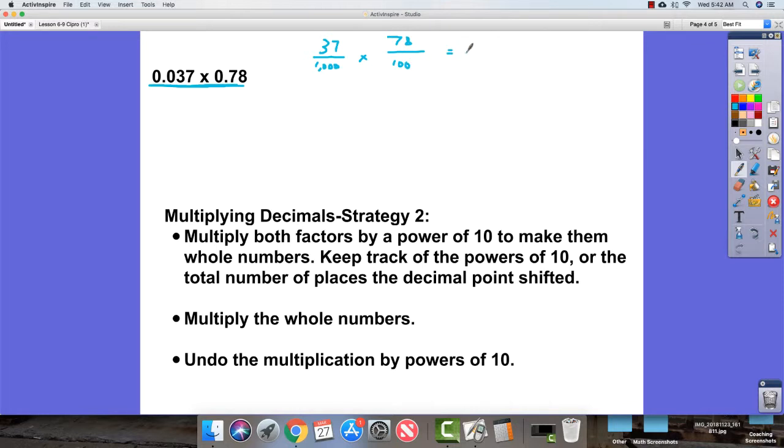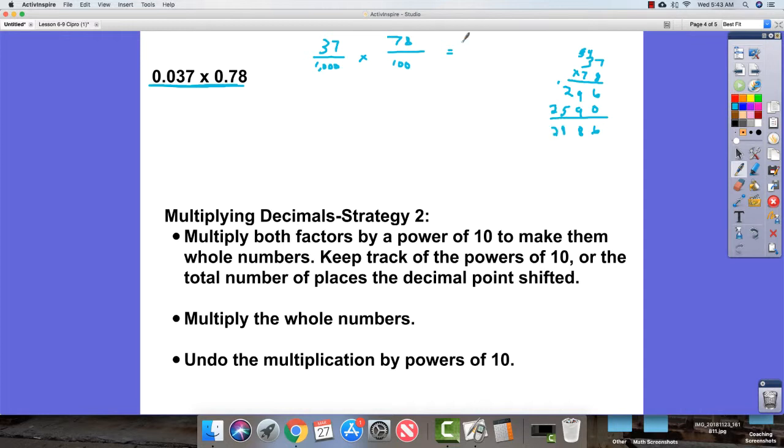and that would equal, well, I would do 37 times 78, so I could do 37 times 78 over here. 7 times 8 is 56, regroup my 5. 8 times 3 is 24, plus 5 is 29. Pen to 0. 7 times 7 is 49. 7 times 3 is 21, plus 4 would be 25. 6 plus 0 is 6, 9 plus 9 is 18. 5 plus 2 is 7, plus 1 is 8. 2 plus nothing is 2.